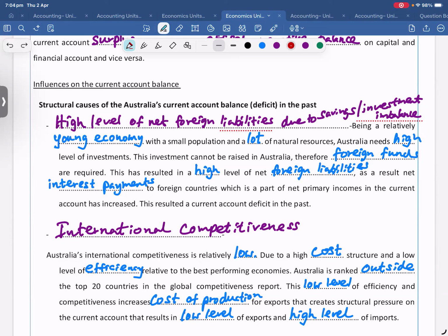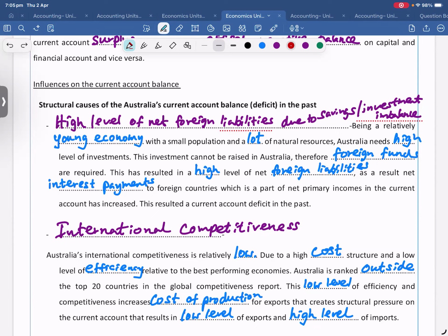One thing is our cost of production is very high. One main reason is that our cost of labor is one of the highest in the world. That makes our cost of production very expensive.